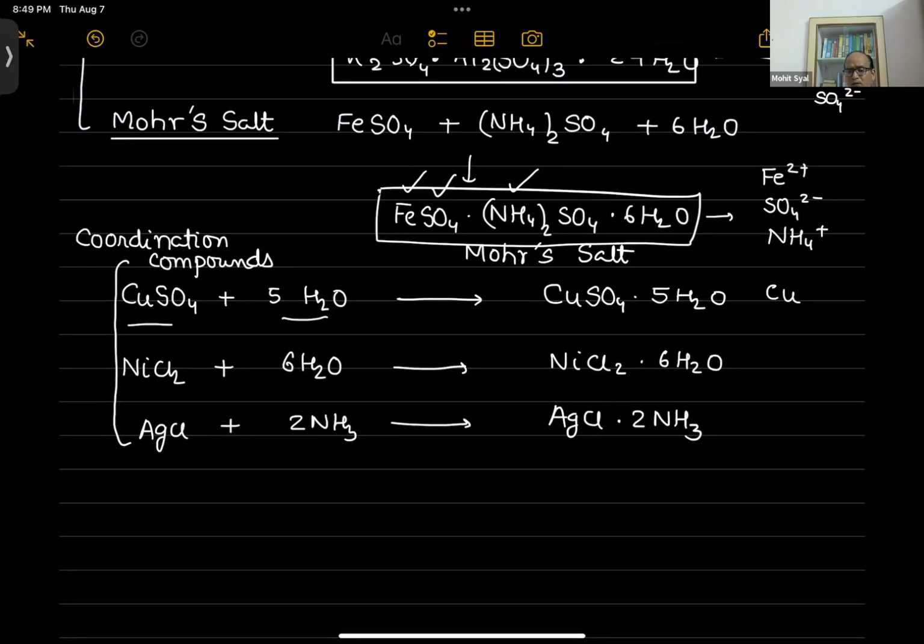There is one more way to write them, by using square brackets.